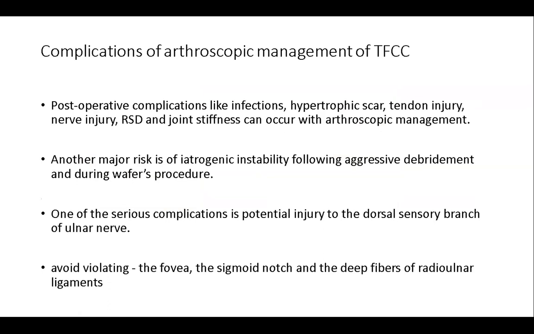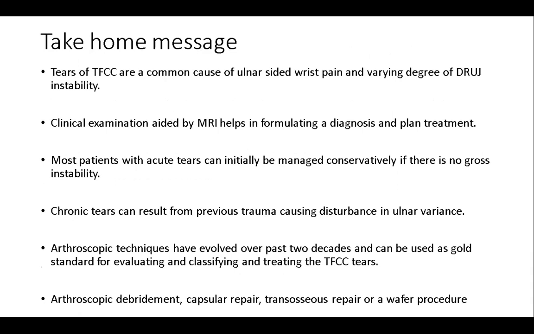Another major risk is iatrogenic instability following aggressive debridement. The rule is to avoid violating three important anatomical regions: the fovea, the sigmoid notch, and the distal fibers of the radioulnar ligaments. A serious complication, always emphasized, is injury to the dorsal sensory branch of the ulnar nerve.